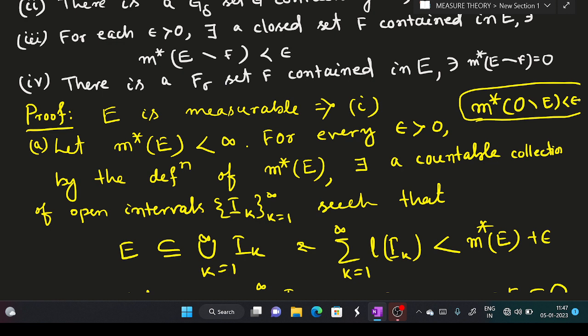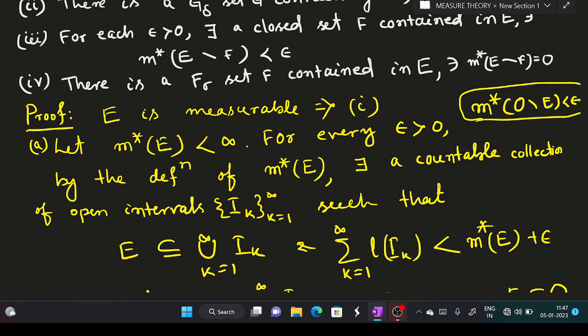This E can be a measurable set of finite outer measure, or it can be of infinite outer measure. First, let us assume E is of finite outer measure. That is, the outer measure of E is finite.